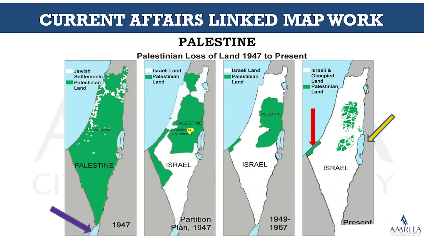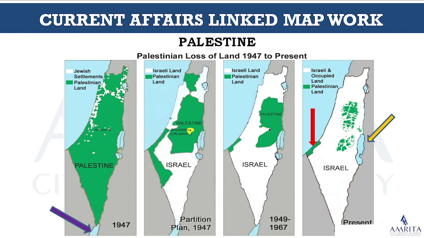The green indicates the Palestine region, and white the Jewish settlements. According to the 1947 partition plan, Israel got the white areas, that is Israeli land, and Palestine got the green land. Jerusalem was administered by the UN because that partition plan was put forward by the UN, and Jerusalem was under UN administration then.